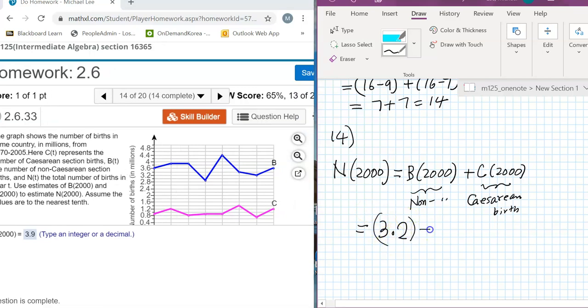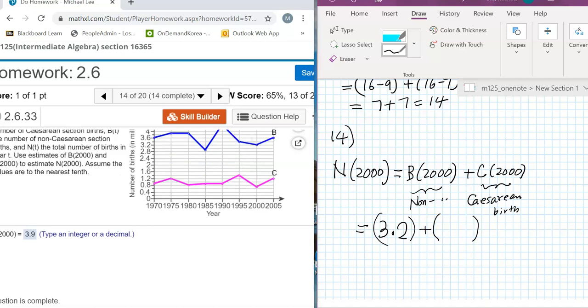Okay, that's like a normal birth, I guess, without going through an operation or anything. And then if you look at 2000, if you look at the red, it's going to be 0.7. Okay, so altogether it is 3.9 million births. You just type 3.9, okay? All right, so that is 3.9.